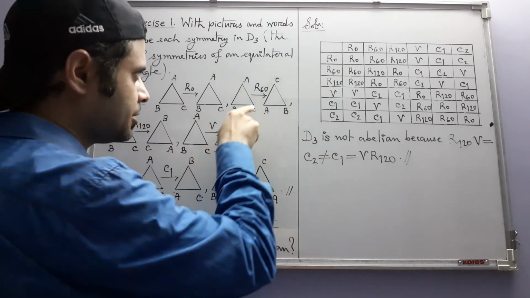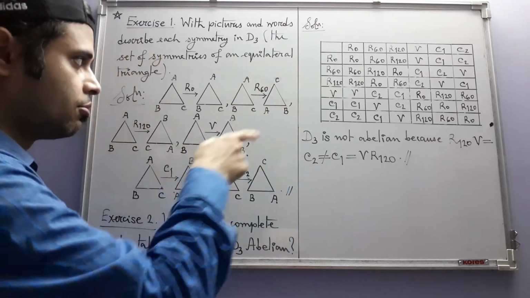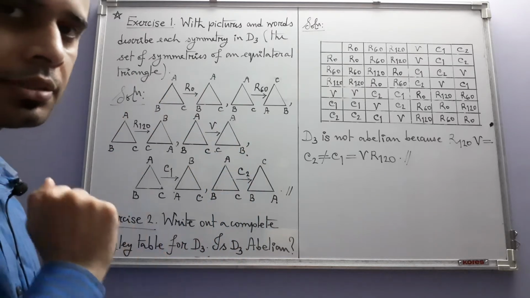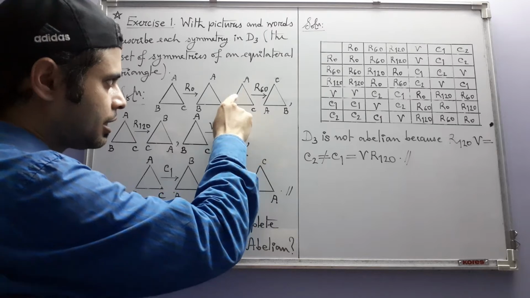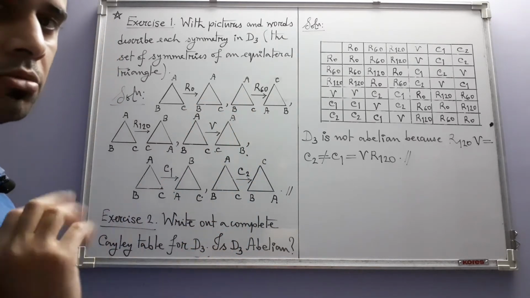In the second symmetry, we have R60, which is rotation of the plane counterclockwise through an angle of 60 degrees. You already know that the internal angles of an equilateral triangle, each one of them is equal to 60 degrees.